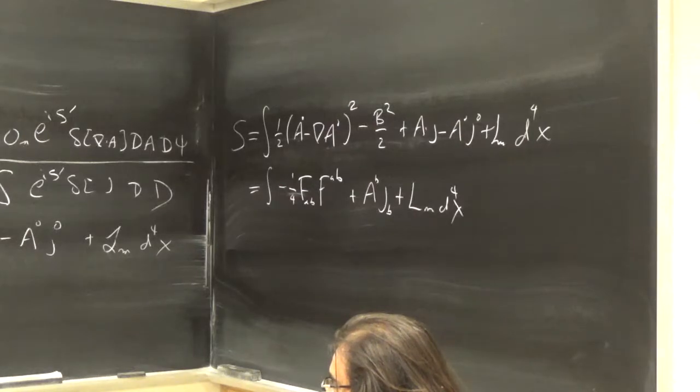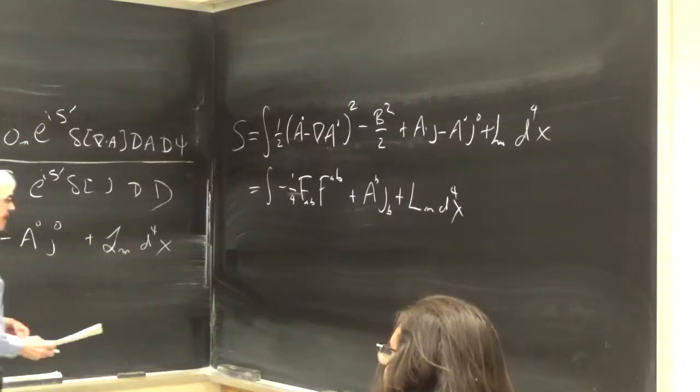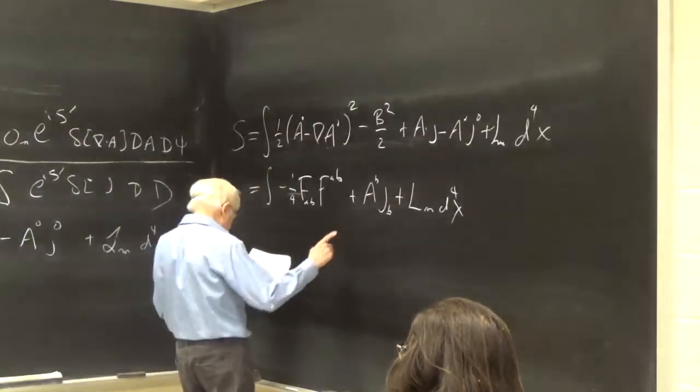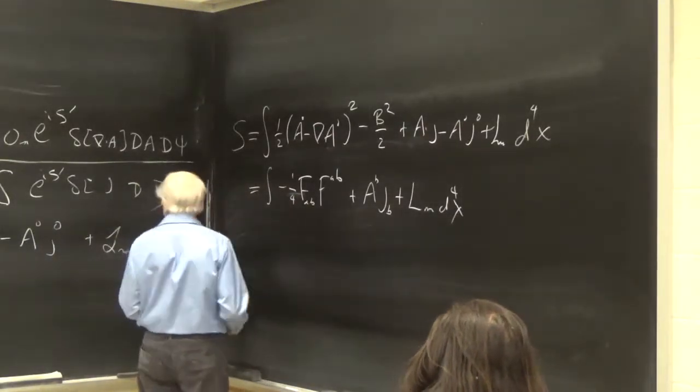This is a Green's function, multiplied by something, so there's an implicit integration here. Okay, sure. All right, so what we've got here then is a nice gauge invariant action.